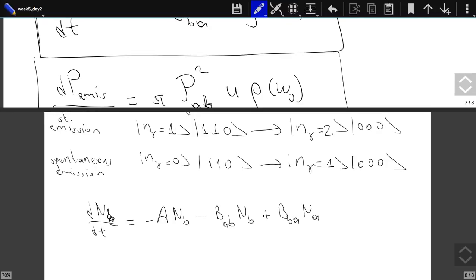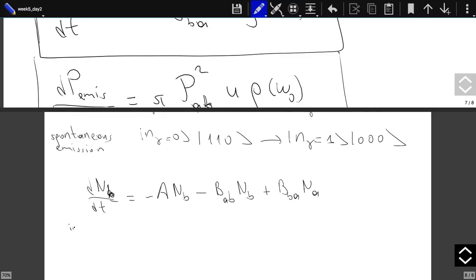I mean, if you have an atom in the ground state, the probability that it will be excited will be independent of how you created it in the ground state in the first step. Okay, in equilibrium, this is equal to 0.